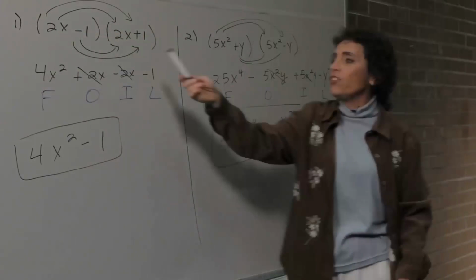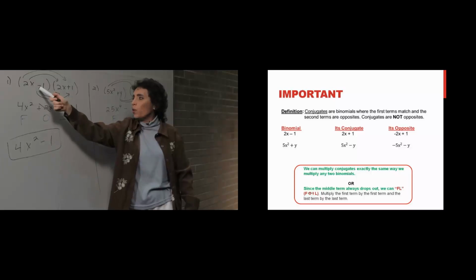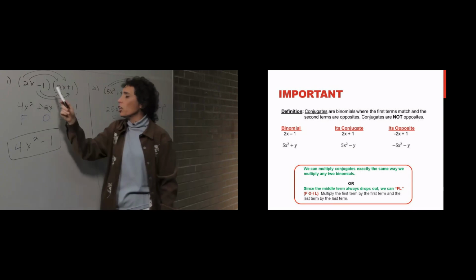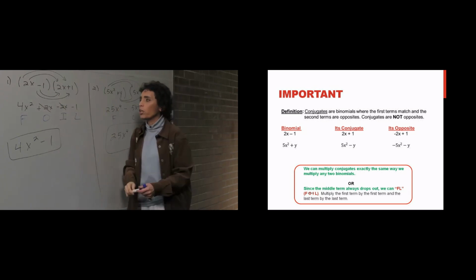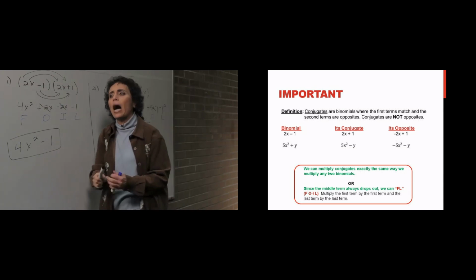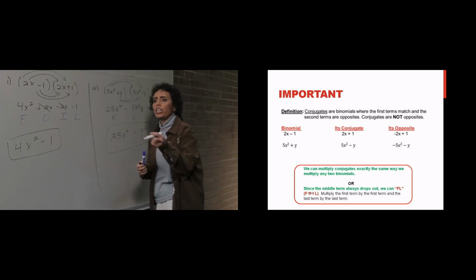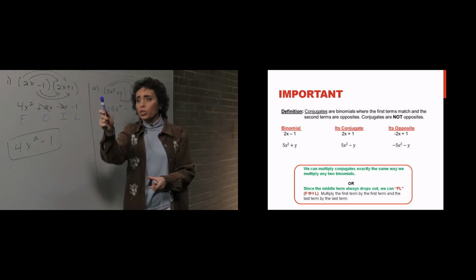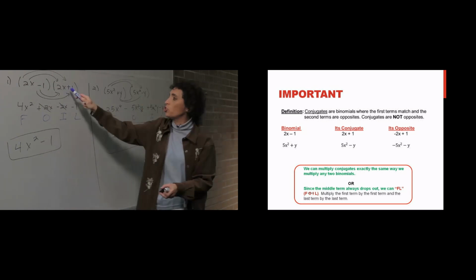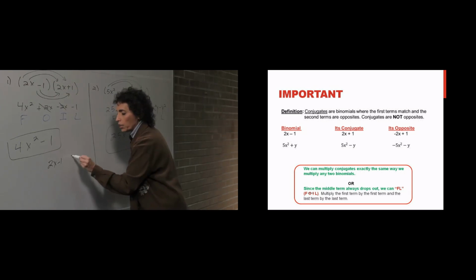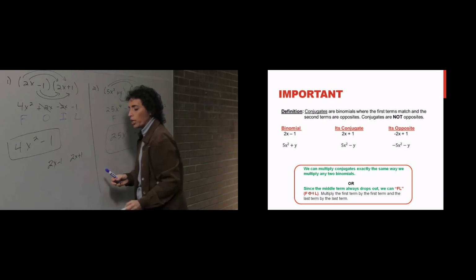In fact, these are called conjugates. 2x minus 1 and 2x plus 1. It's on your slide. Conjugates. 2x minus 1 and 2x plus 1 are conjugates. Do not confuse conjugates with opposites. As you see on your slide or in your workbook, the conjugate of 2x minus 1 is 2x plus 1.